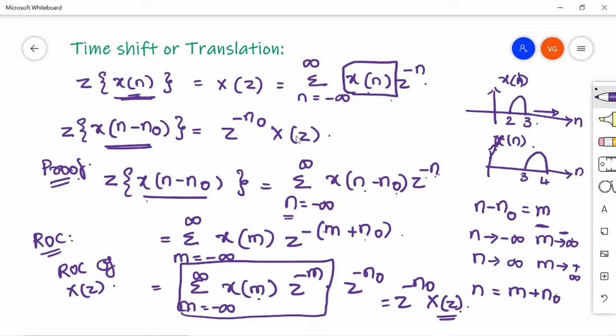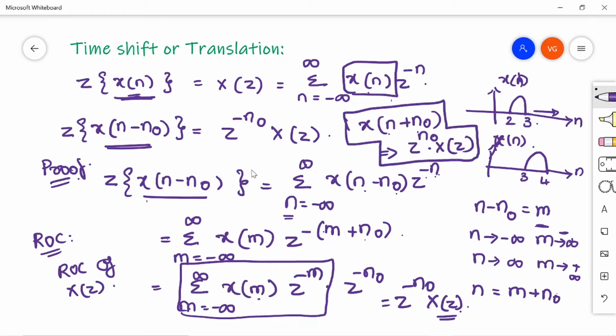Your X of z is multiplied by z power minus n naught in the translation or time shift property. Suppose instead of x of n minus n naught, it is a plus shift, that is x of n plus n naught, then your property becomes z power n naught multiplied by X of z. So this is also a very simple property with the proof here.